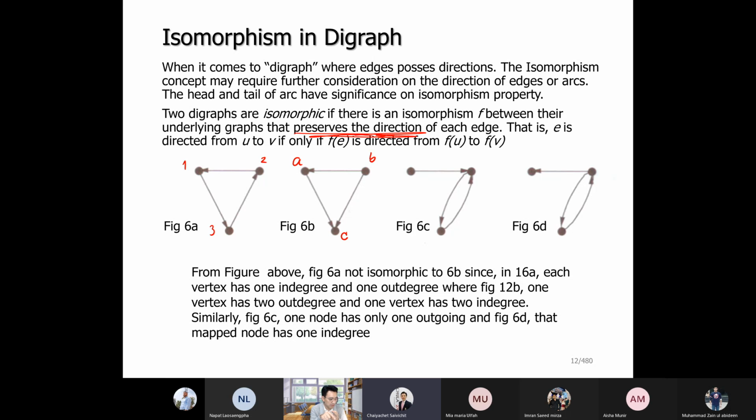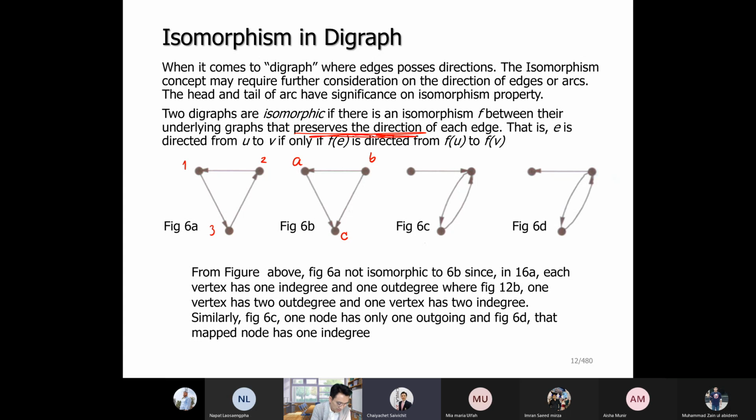Whereas in graph 6B, you see that A is the only one that has 1 in-degree and 1 out-degree. But B has 2 out-degree with no in-degree, and C has 2 in-degree only. So you can see obviously that 6A and 6B are not isomorphic.